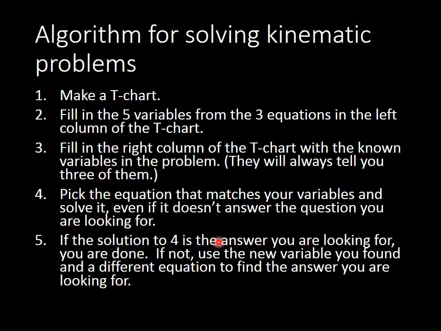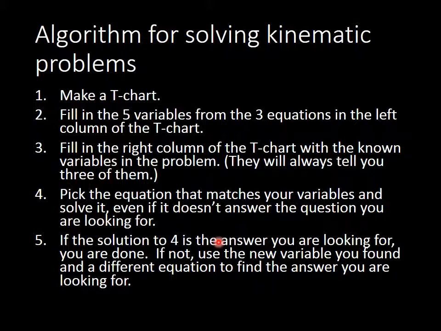They're always going to tell you 3 of them or assume that you know 3 of them. And when I say they might assume, in a vertical situation where something's dropping, the person that's writing the question might assume that you know that the acceleration due to gravity is negative 9.8 meters per square second, and that probably the object started at rest before it was dropped, so the v naught would be equal to 0.